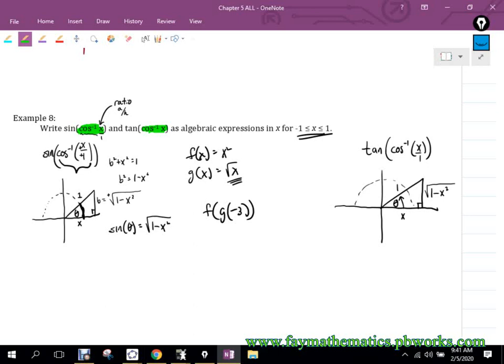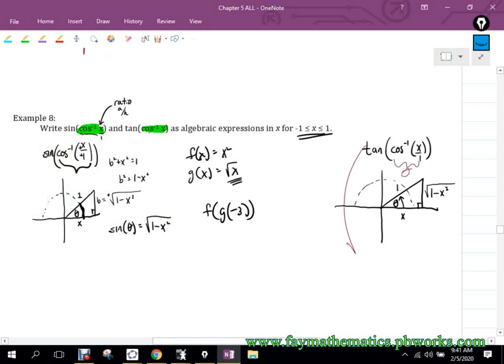Now, all I'm saying is just for the sake of the problem, there's two problems in this example, but they both have this innermost function as cosine inverse of x. So I've already done that picture once, right? I'm just cutting and pasting it over here. But if it was a new value there other than x, I would go through the Pythagorean theorem to find the missing side.